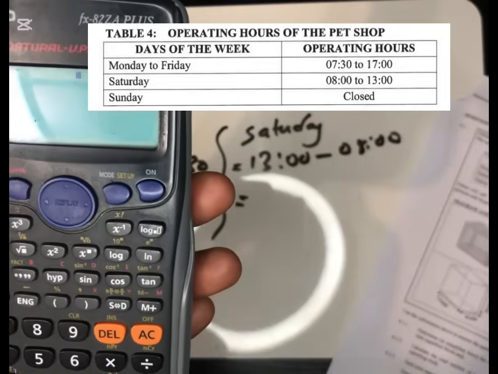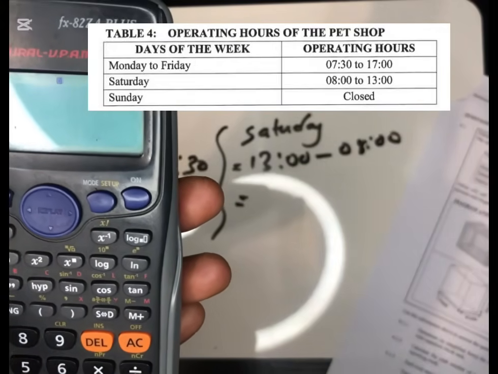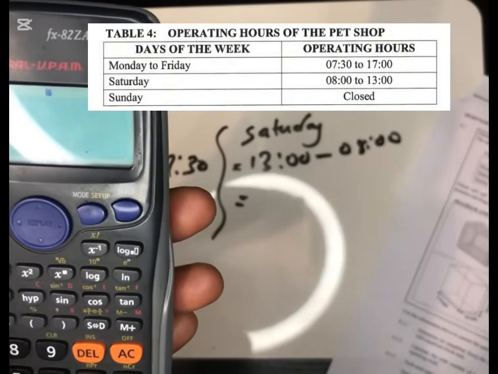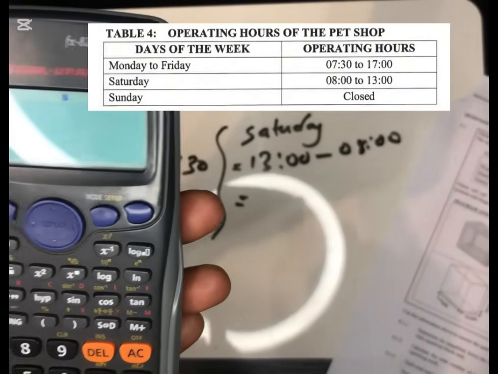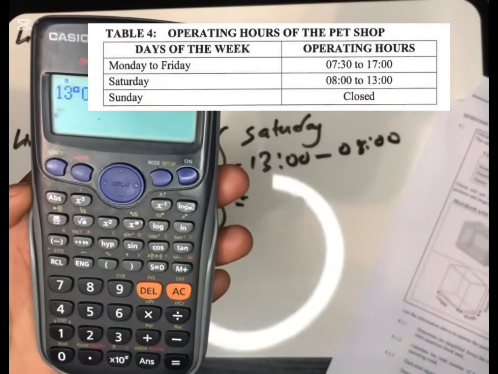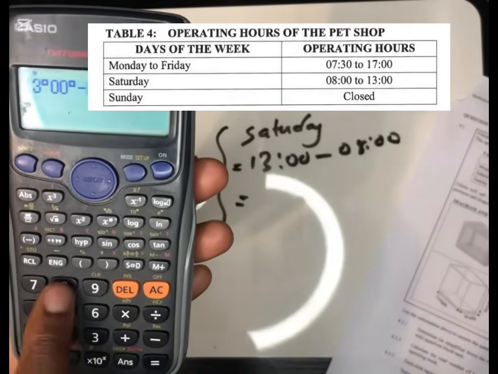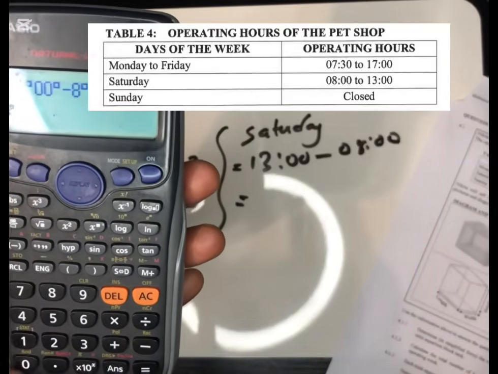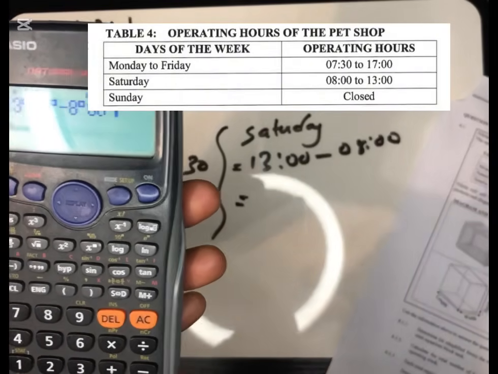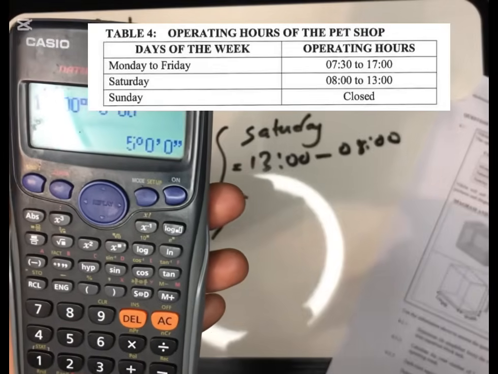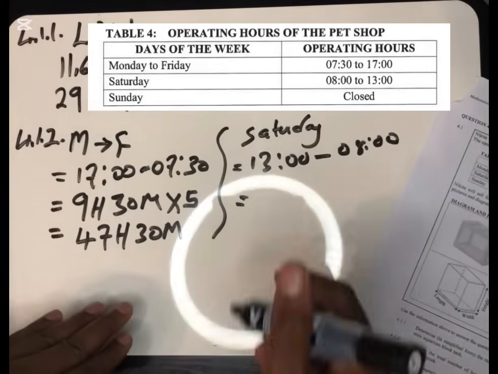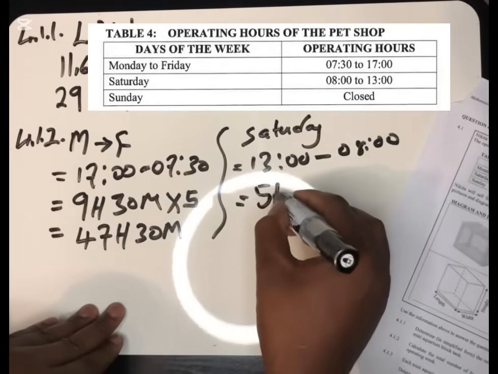After pressing it, on top of our number we have something like a square. Then we say 0, 0, press that again. Minus 8, press that again, 0, 0, press that again. If you forget to press it, you are not going to get the correct answer. Then we found that it's 5 hours and 0 minutes. So Saturday is 5 hours.